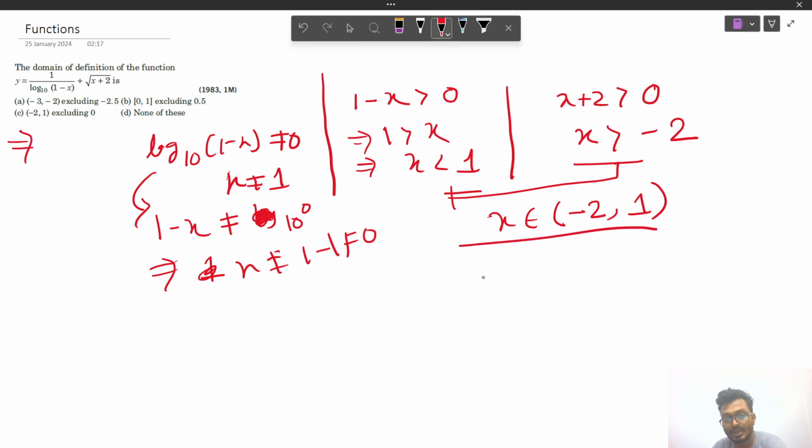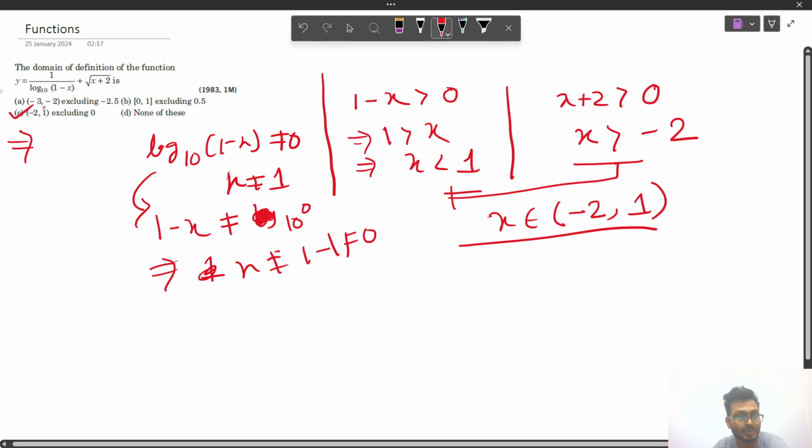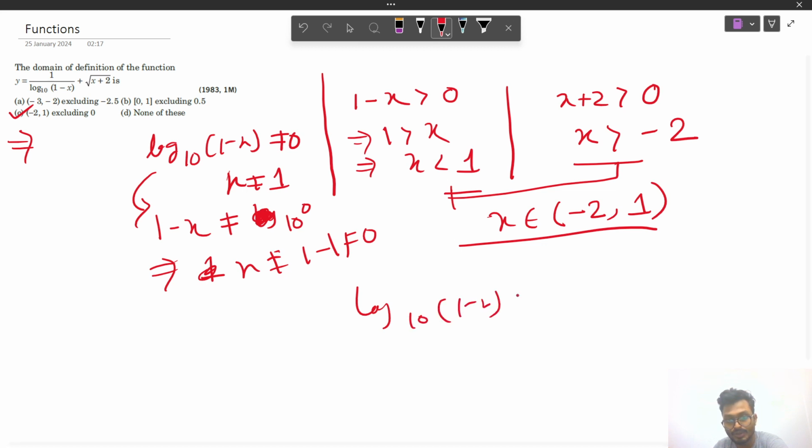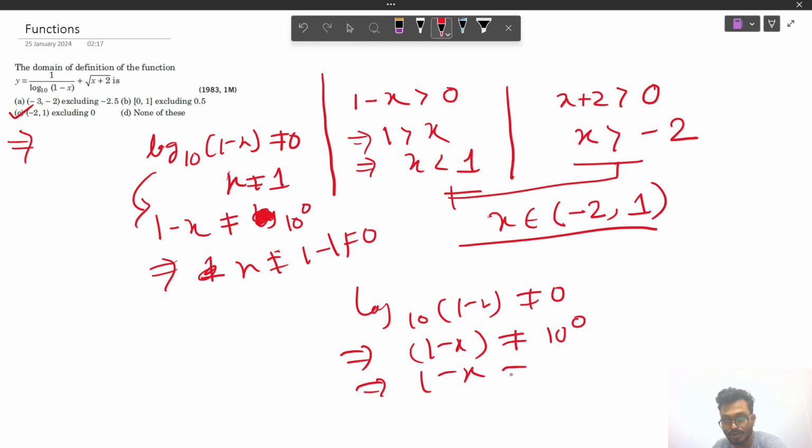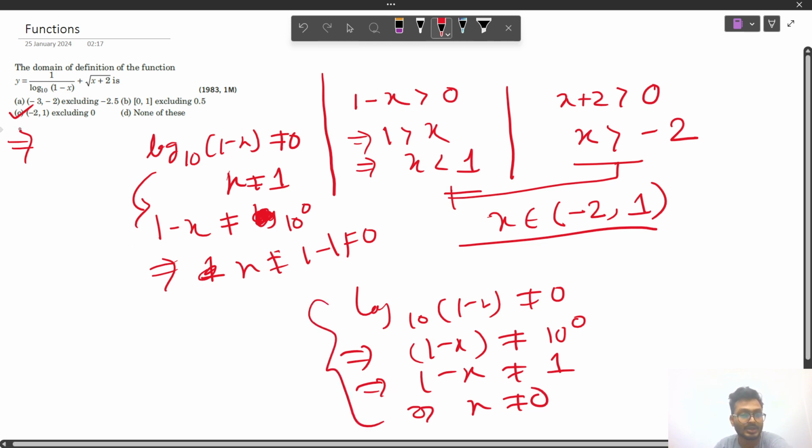So this region, and we exclude this 0. Which option is correct? Option C is correct. Here we have to understand that log base 10 of (1 minus x) should not be 0. That means 1 minus x should not be 10 to the power 0, that means 1 minus x should not be 1, that means x is not equal to 0. So our option C is correct.